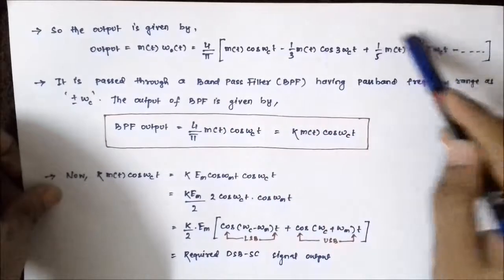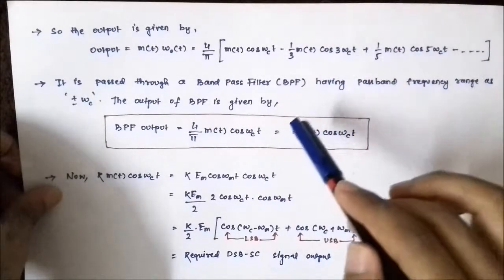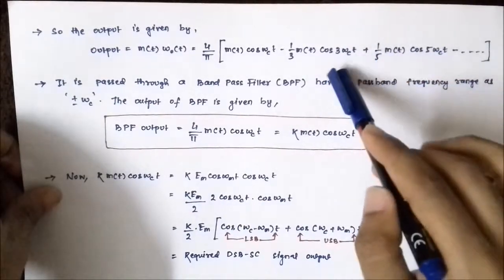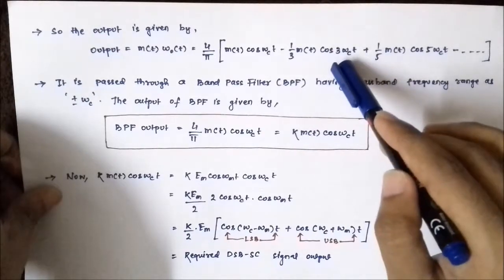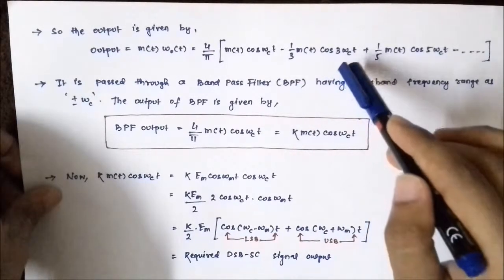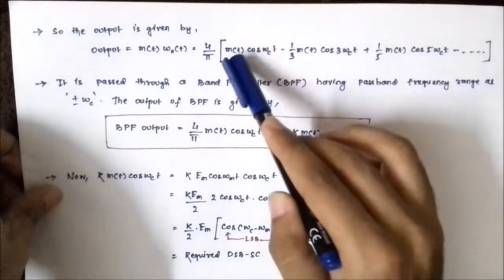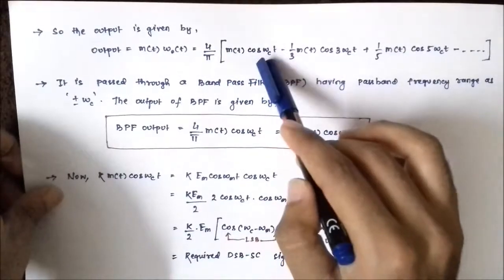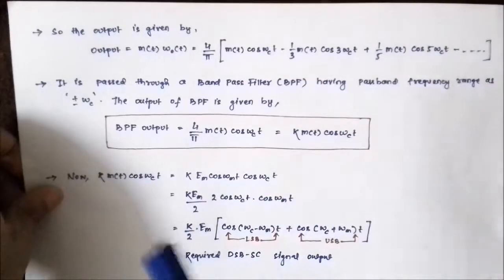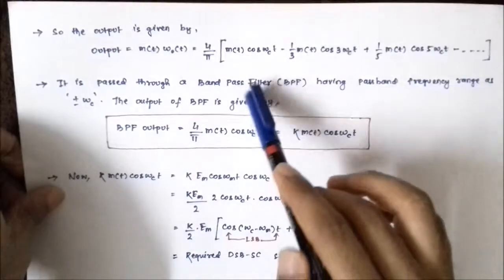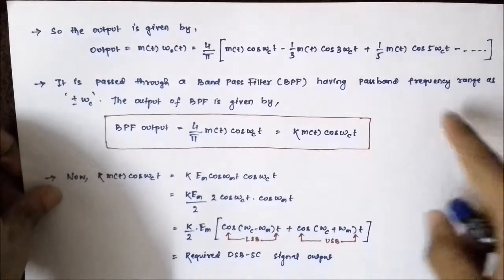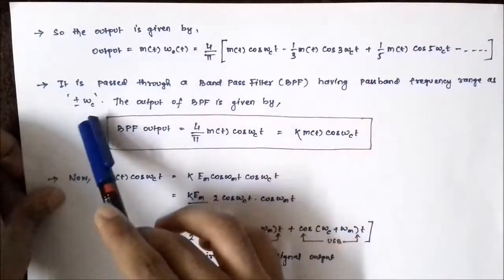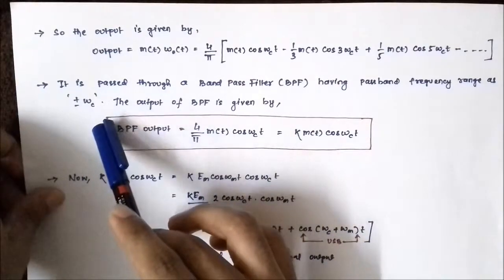We do not need these other parts, because the frequency components which are present are multiples of the carrier frequency, which are very high, and we do not require them. The double sideband suppressed carrier signal is only this part, m(t) cos omega ct. So for that purpose, we will use a band pass filter having a pass band frequency range from minus omega c to plus omega c.